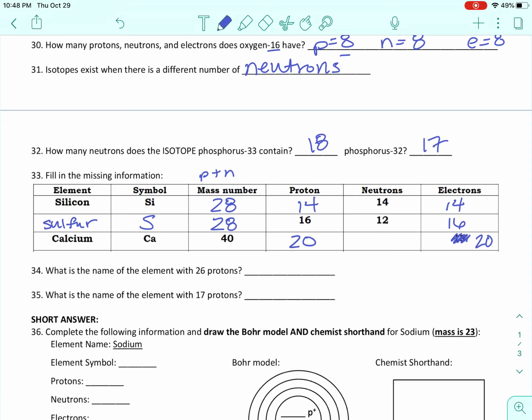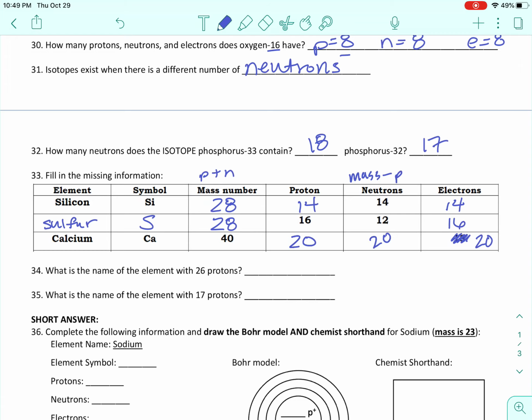That's a little foreshadowing for when they're going to be changing. So that's my bad. But you can leave it at 18 if you'd like, or you can make it 20. We'll talk about it later. If the mass is 40 and the protons are 20, we need to find the neutrons by doing the mass minus the protons. So 40 minus 20 is 20.